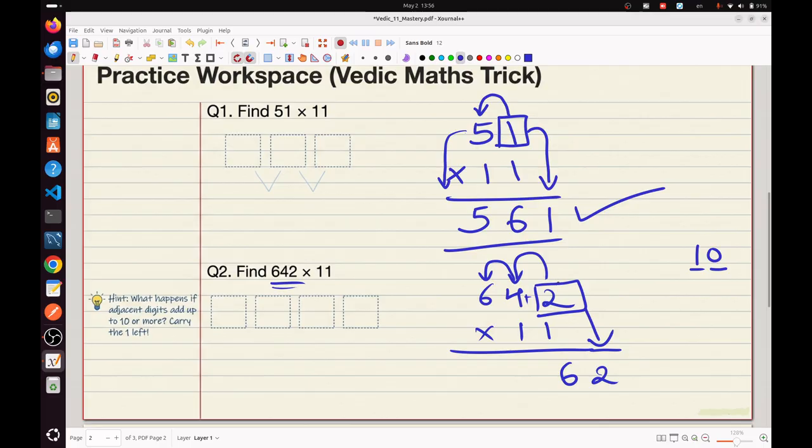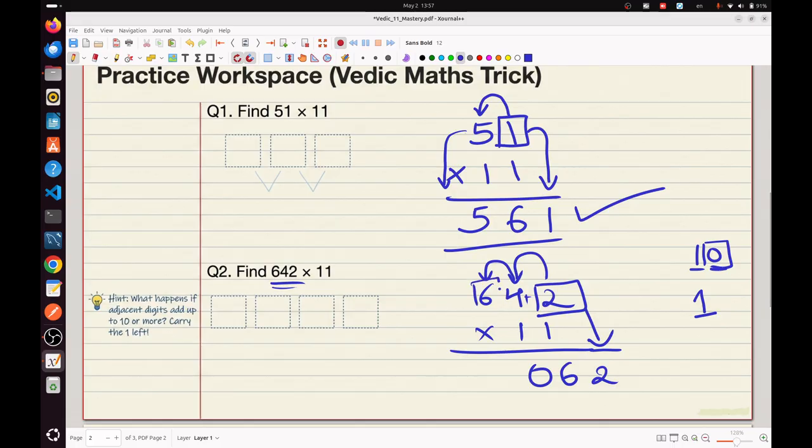Till now we got 1 digit, but now here we are getting 2 digits. So what you need to do? The unit place digit, you keep here, and note down the 1 as it is. That is the carry. Next, the last step: we have done this 4 plus 6 and got 10.